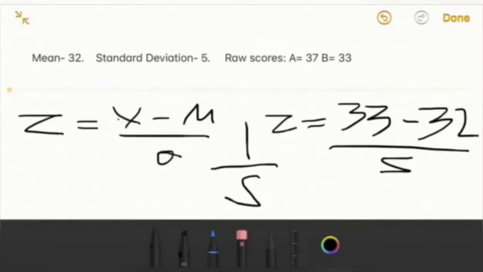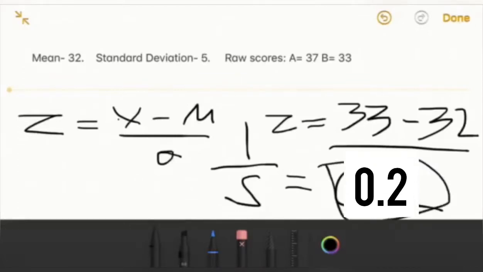Next, we will convert the answer to decimal. Therefore, the answer will be 0.2. Therefore, the answer for B is 0.2.